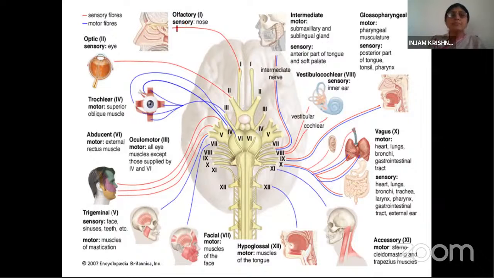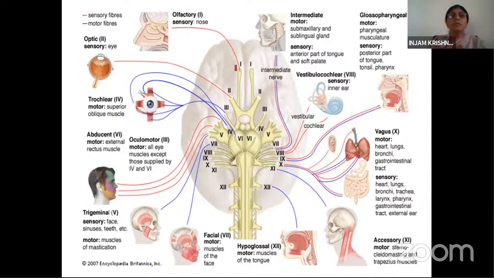It is a sensory nerve. It arises from the olfactory epithelium, which we have already discussed, located at the roof of the nasal cavity. From there the nerve arises and goes through the bulb.